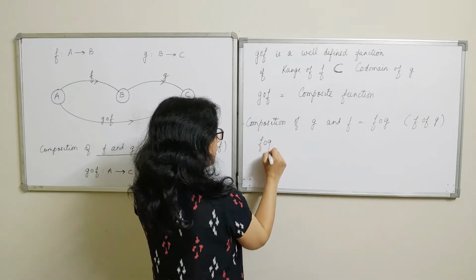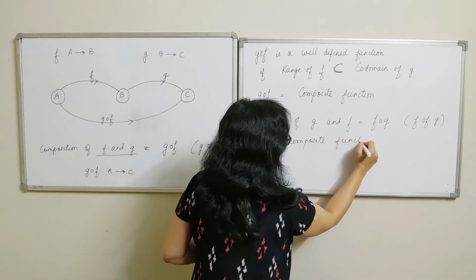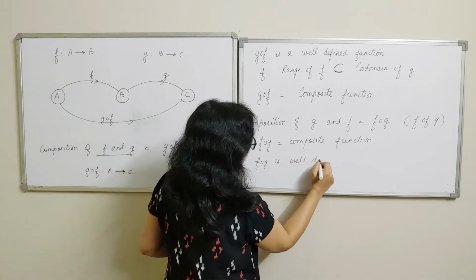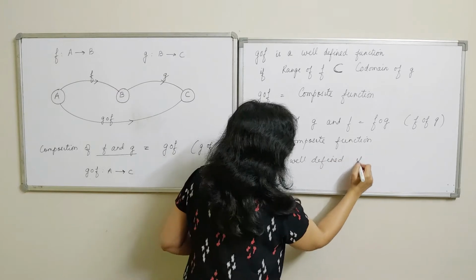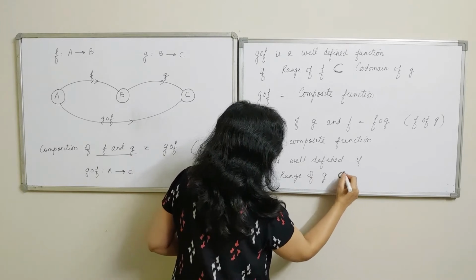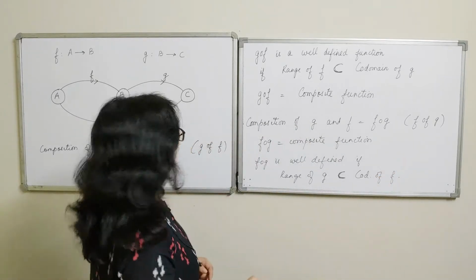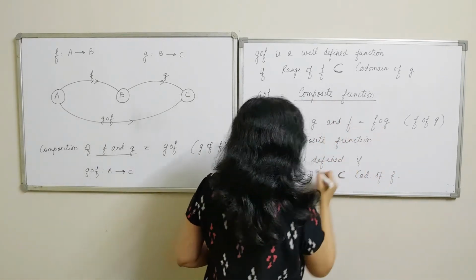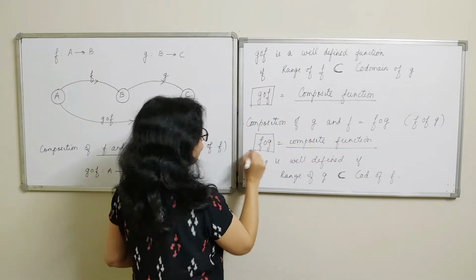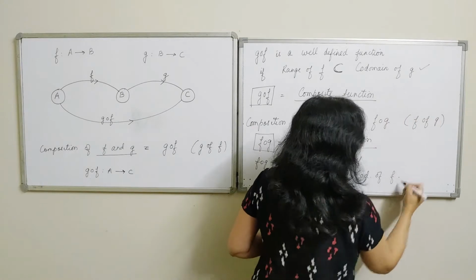Likewise here fog is a composite function and fog is well defined if range of g is a subset of codomain of f. So when we say composite functions, we are referring to gof or fog, and these are well defined whenever this condition holds true.